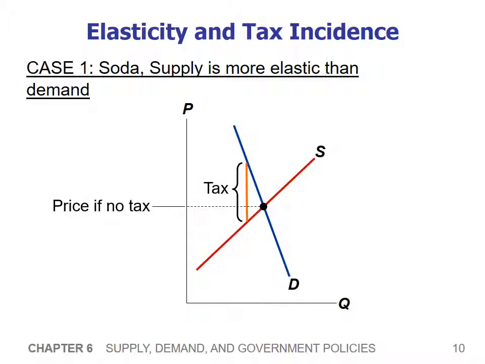So sellers can pass the burden of tax on the buyers. So whether government imposes a sales tax on soda, or government imposes a tax on soda manufacturers, the impact will be the same. Because demand curve is more inelastic, it's the buyers who will bear most of the tax.